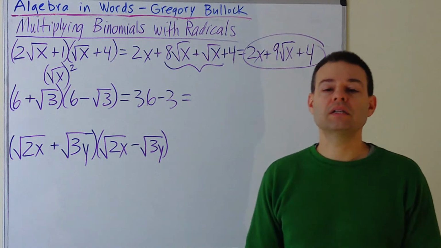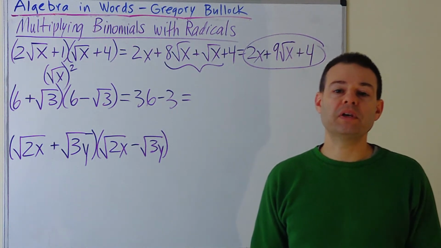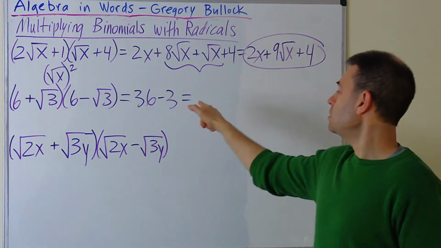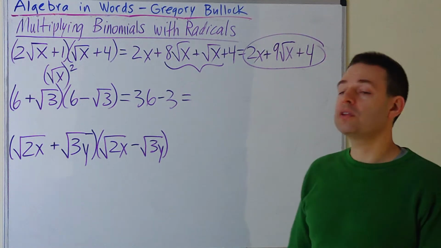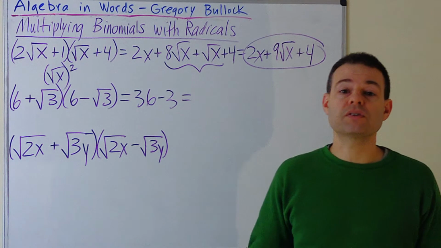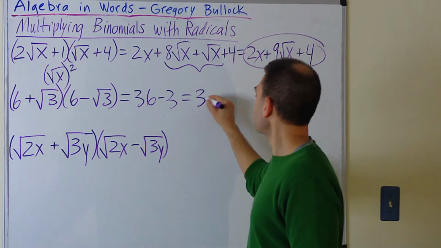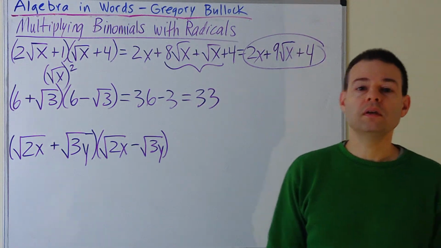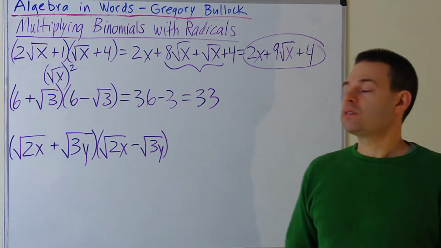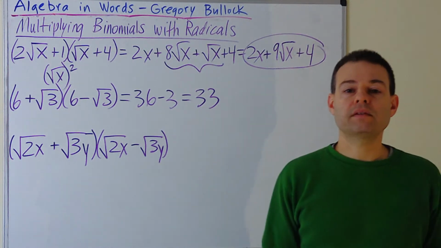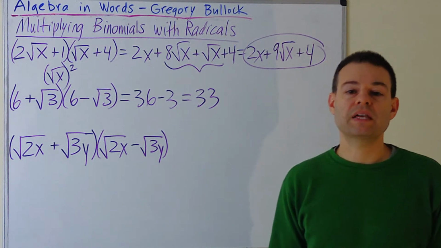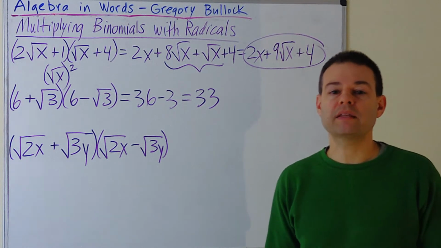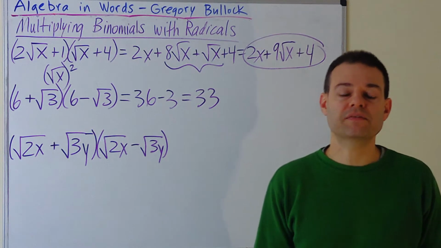But now in this, unlike other conjugate binomials that had variables, these now simplify down to like terms, just numbers. So now we can do 36 minus 3, which is 33. And again, you're going to be seeing more problems like that. This is setting you up to doing rationalizing the denominators, which I'll say a little about at the end, but then we'll see more in the next video.